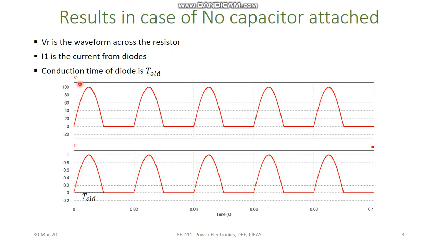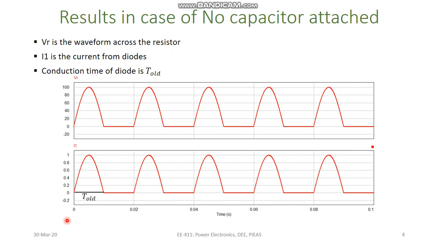You can see that the voltage VR obtained at output and the current I1 from the diode are exactly in phase. It is because our load is resistive, and the conduction time of the diode is 180 degree.